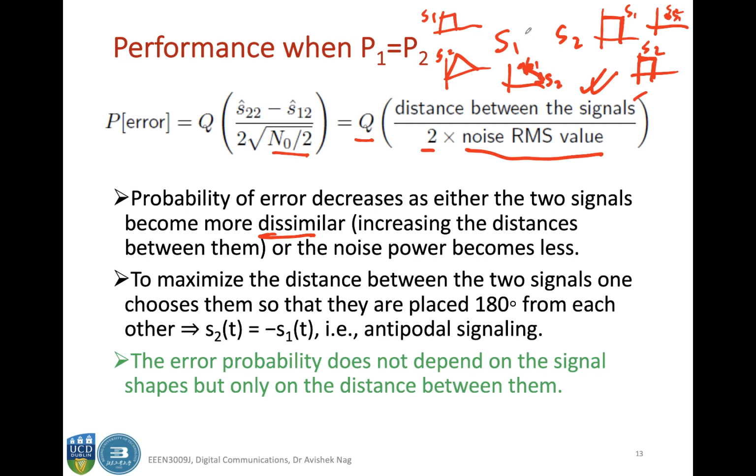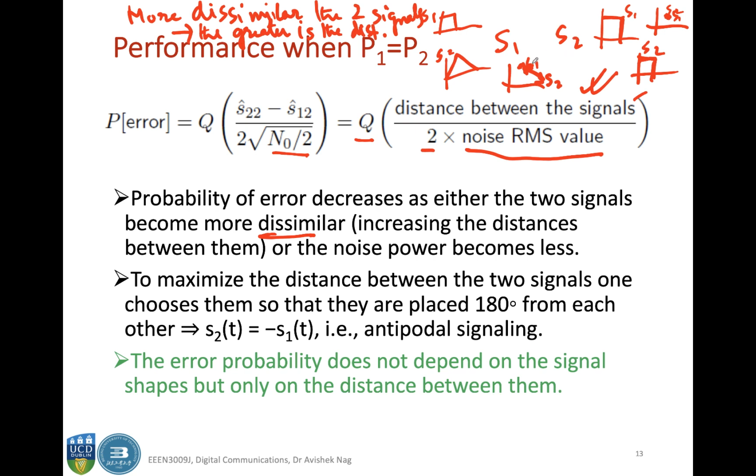So the more different, or the more dissimilar, the two signals are, the greater is the distance between these two signals.